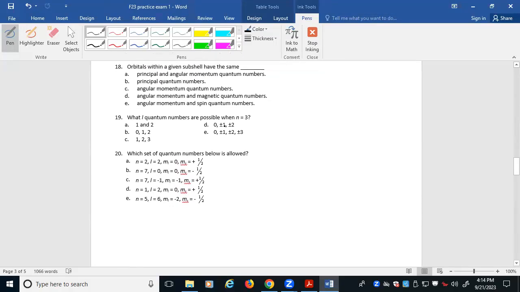So what we have to remember about quantum numbers is that there are 4 digits that detail electrons. And remember that the quantum numbers go from generic to specific. So the first quantum number, the principal quantum number, that's the most generic quantum number.